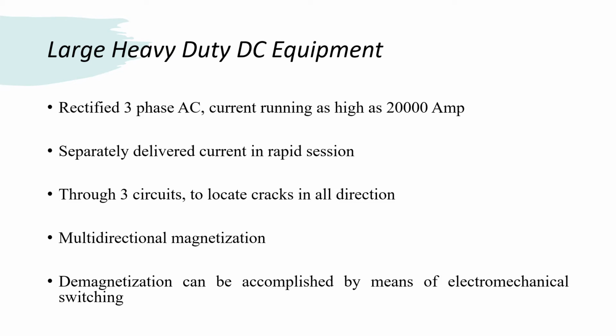So students, the large heavy duty DC equipment uses rectified three-phase AC current running as high as 20,000 amperes, separately delivered in rapid succession through three circuits to locate cracks in all directions.